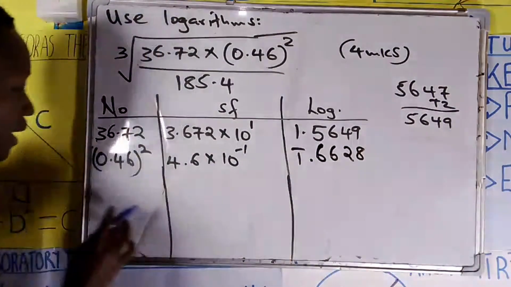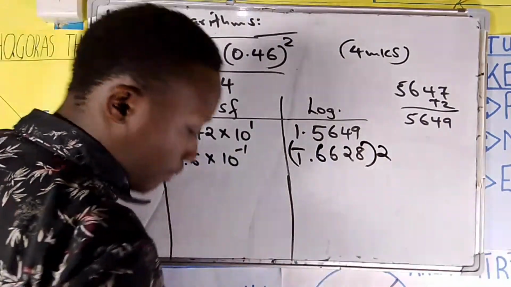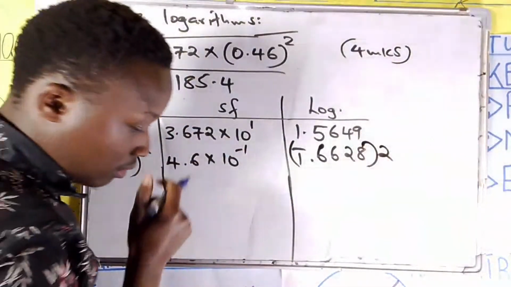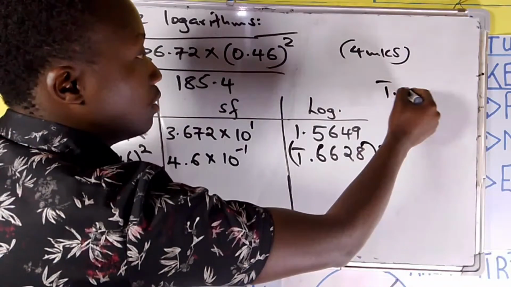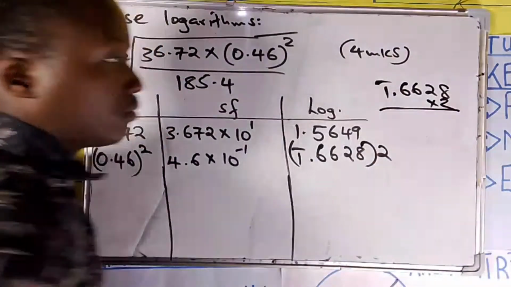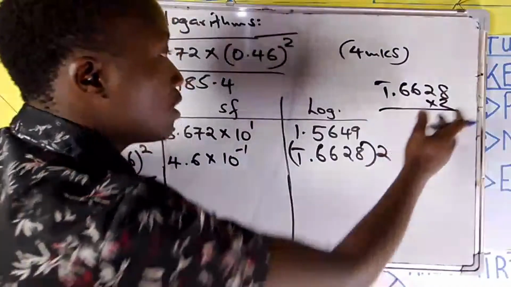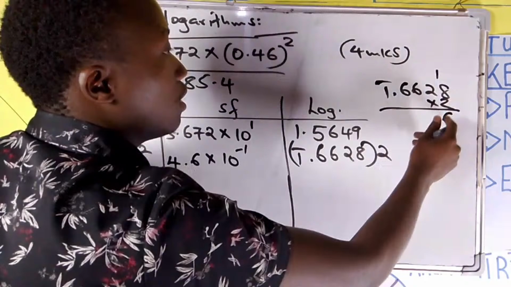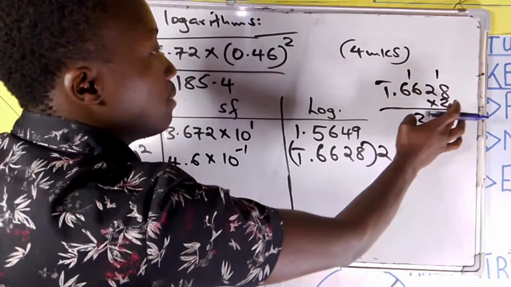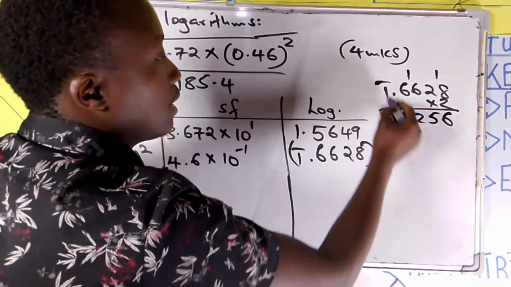Then remember we are multiplying by 2. So this one will be multiplied by 2. We can go to quarantine, like people with Ebola. Let us do it separately, and if it is right we bring it back. This quarantine method: 8 times 2 is 16. 2 times 2 is 4 plus 1, 5. 6 times 2 is 12, carry 1. 6 times 2 is 12 plus 1 is 13, carry 1.